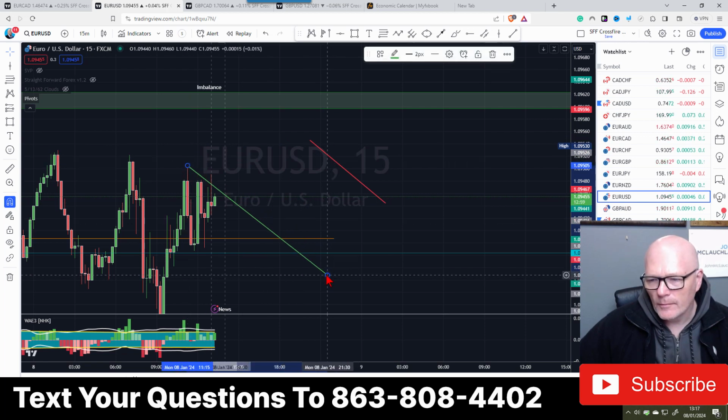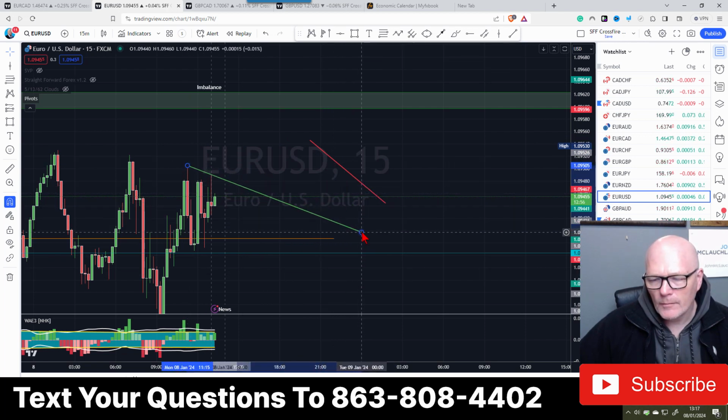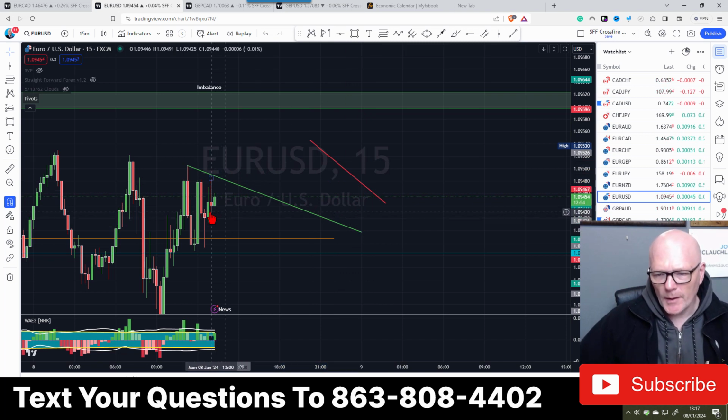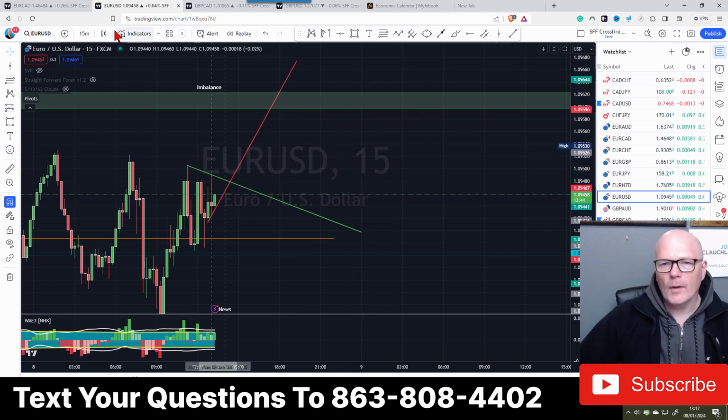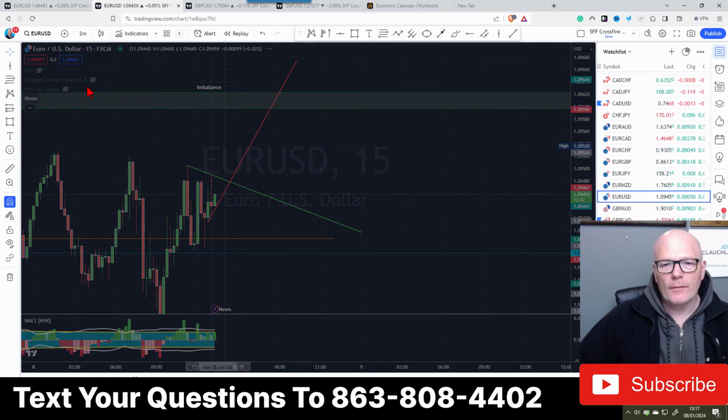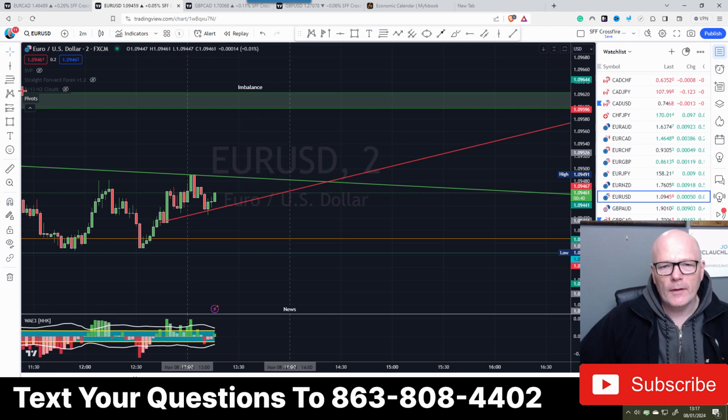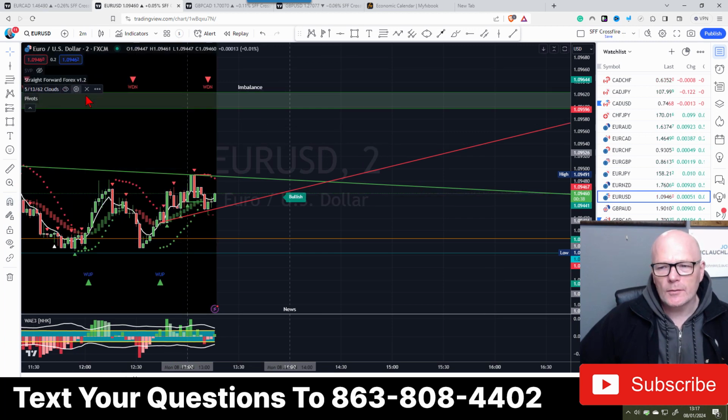There we go. And the lower low next to the red candle is this green candle, the one right next to it. There we go. Okay. 2-minute time frame. And we'll put our indicators back on as well.